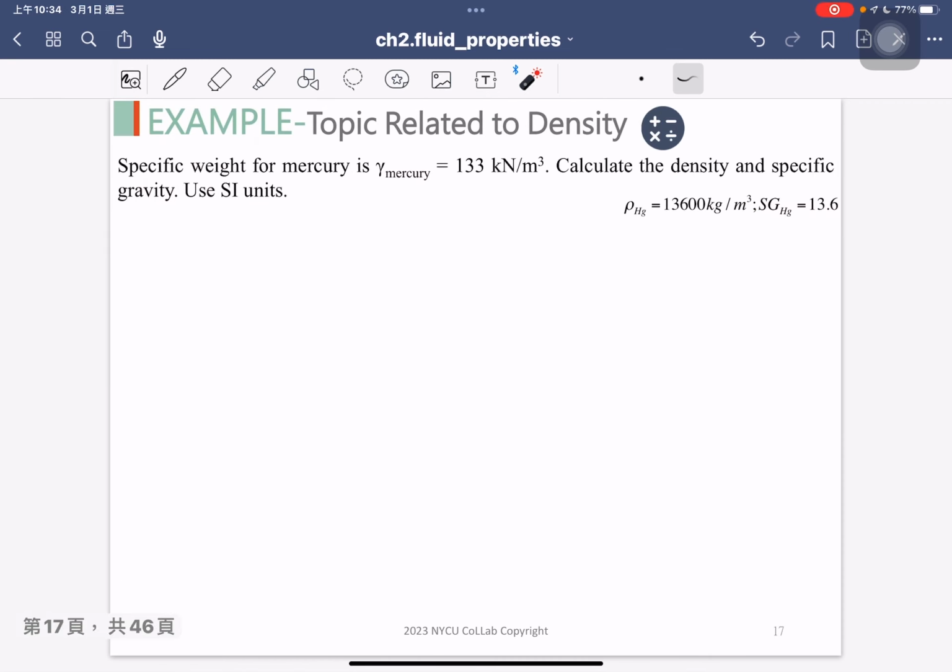Okay, so again, we say more, and then we will have an exercise to practice and realize the idea I have taught before. Okay, so this is an exercise.